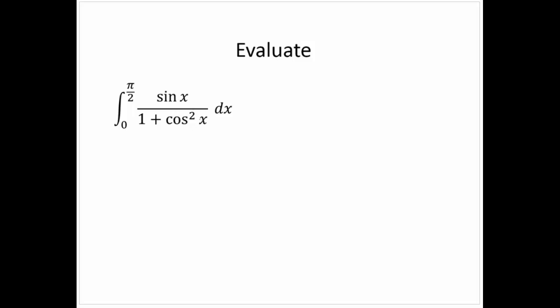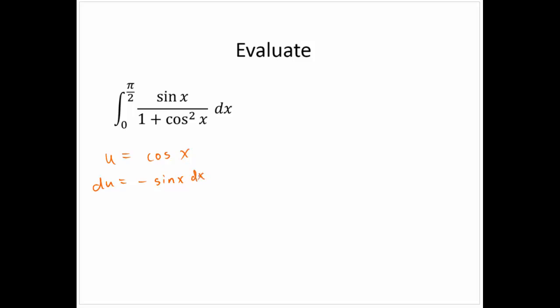That's just messy. But what if I let u equal cosine x? If I were to let u equal cosine x, then du would be negative sine x dx.